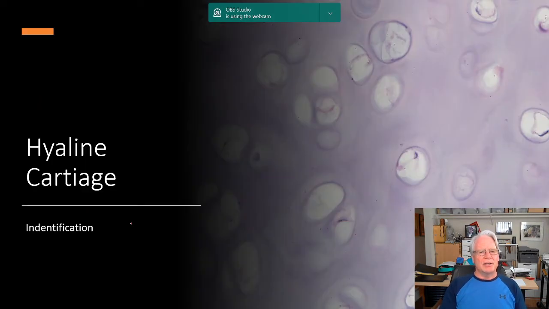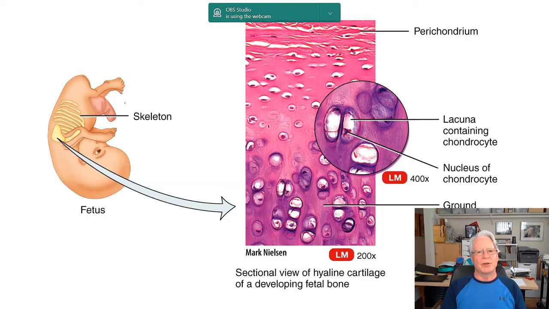All right, hyaline cartilage. Let's do it. So hyaline cartilage, as you can see here, it's this typically purple, hazy, extracellular material with these little islands that seem to be embedded within that material. And those islands are spaces in which the cells that produce the matrix are found, the chondrocytes. So they're living inside this little cave surrounded by the matrix that they've produced. And you get this kind of pattern.